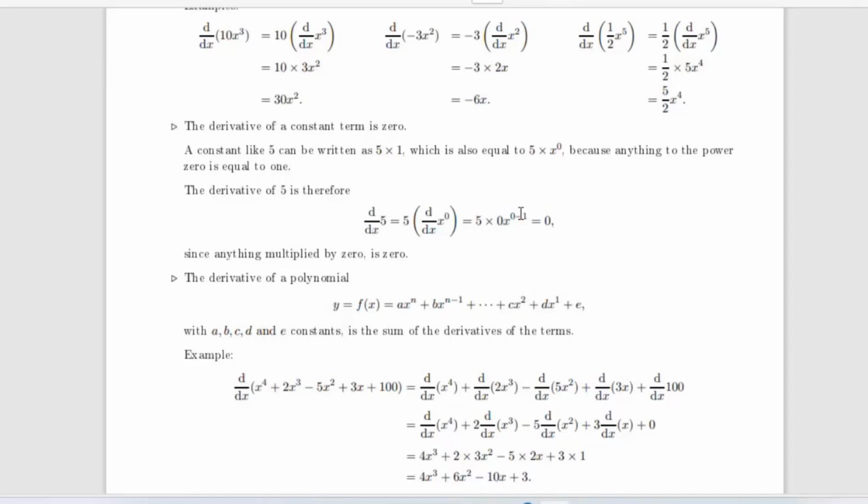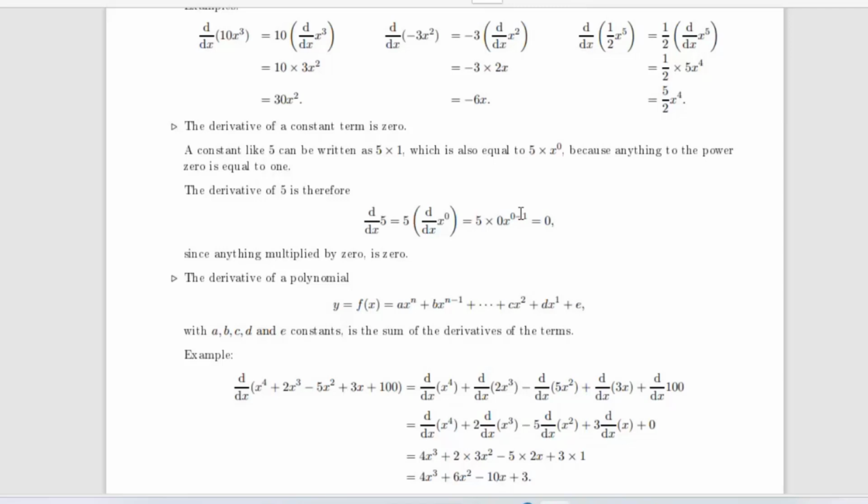We need to differentiate x to the power 0. We take that 0, which is an exponent, and bring it in front. Do we agree? Yes, sir. Then to that 0 we subtract 1. What do we get? You get 0, sir.